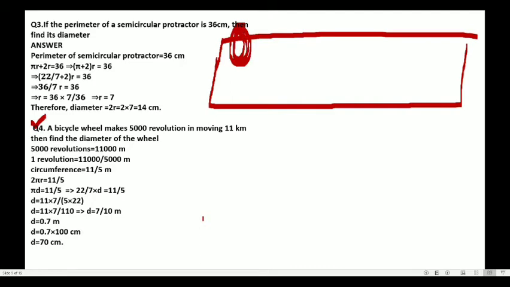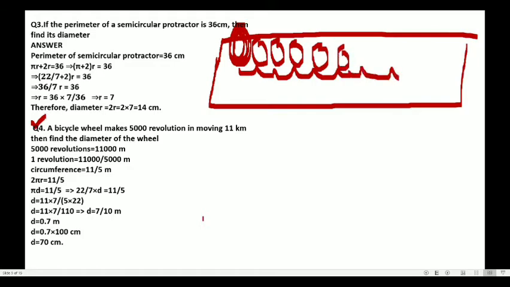So, during rotation, when it moves here, it turns and moves forward, moves forward, moves forward. As this wheel turns again and again, it is covering the whole length of this ground.